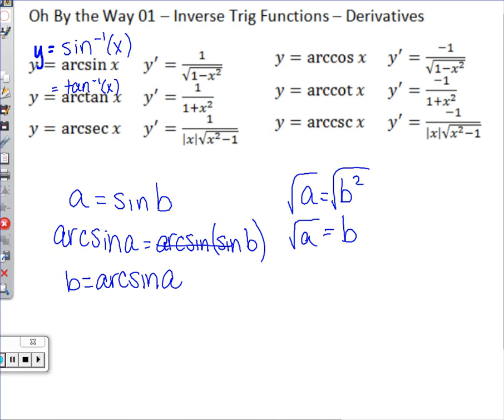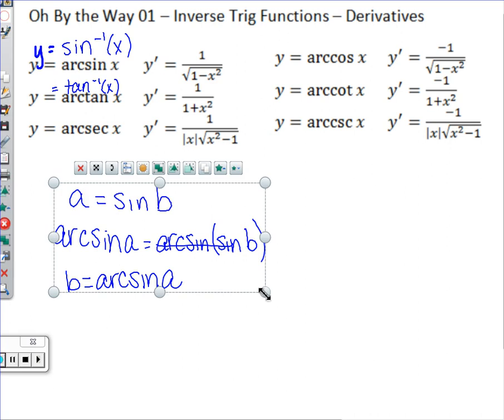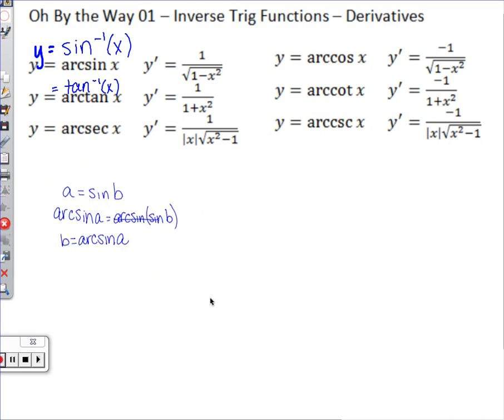So before, we used to say that the sine of pi over 6 was 1/2.